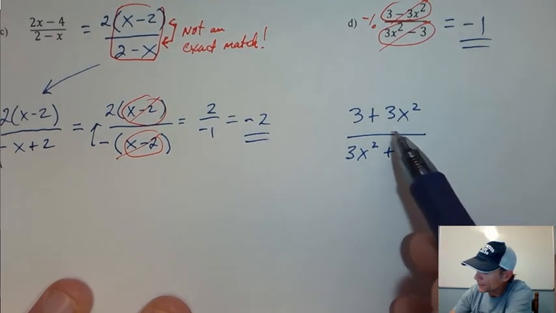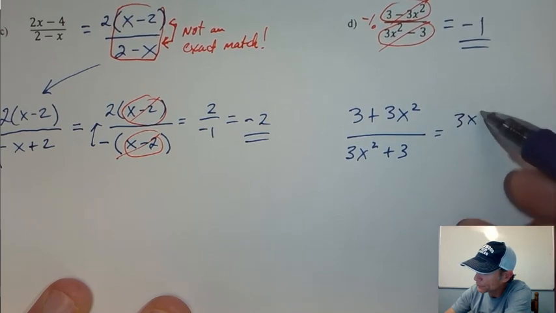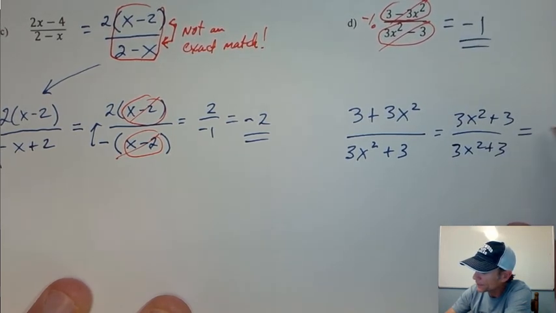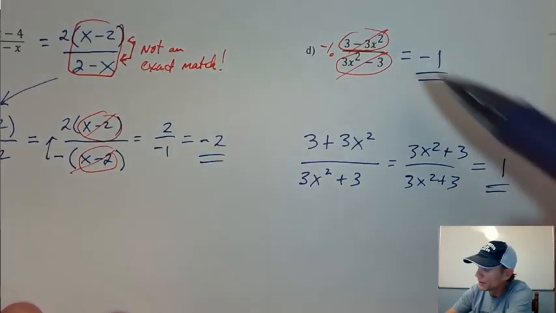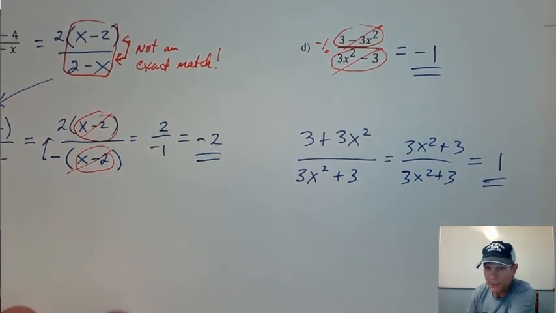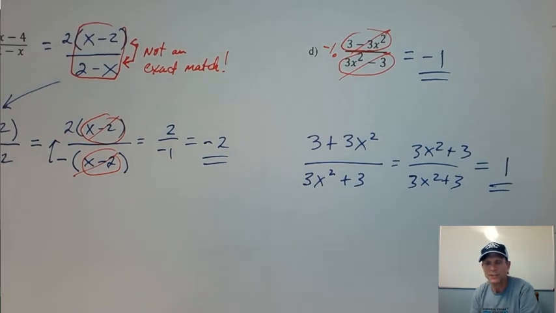So if I get this in the same order as this, I get 3x squared plus 3 over 3x squared plus 3. That's equal to 1. Hopefully you see the difference between a flip-flop around subtraction versus around addition. That's a useful little tool as we do some of these problems. Okay, we'll look at a few more of these.